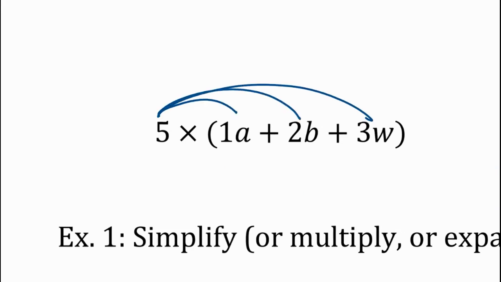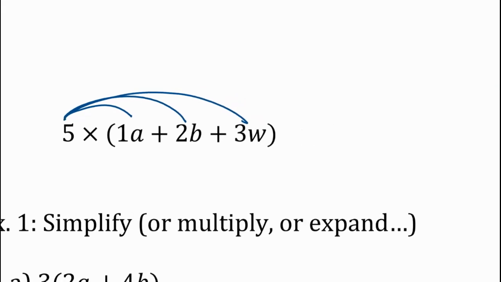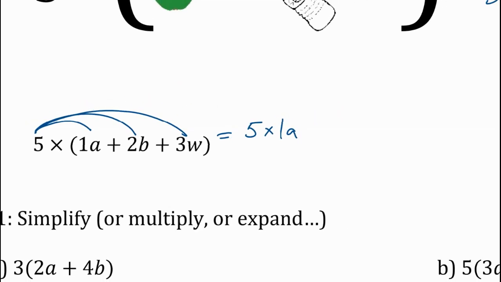But not 5 waters, 5 of 3 waters. So this you want to write down, 5 times 1a plus 5 times 2b plus 5 times 3w.